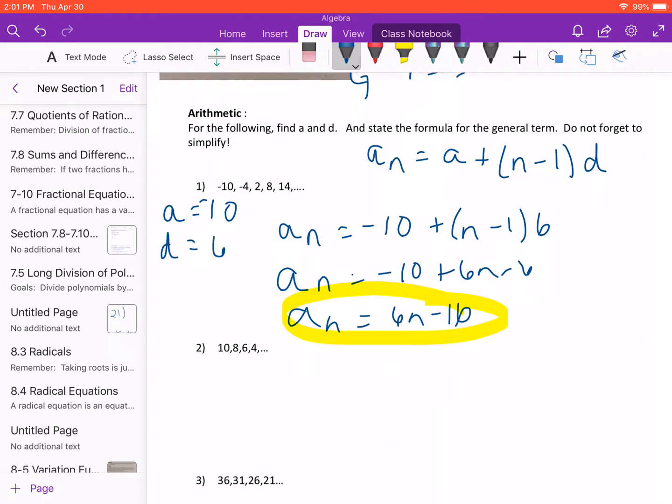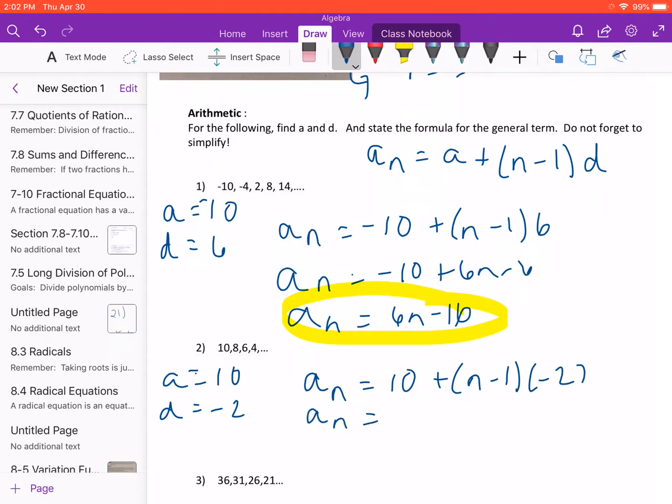Next problem. 10, 8, 6, 4. Our starting value is a positive 10. And our difference, in this case, is a negative 2. Make sure you watch your signs here. So when we go ahead and put that into our starting equation, A sub n equals positive 10 plus n minus 1 times a negative 2.